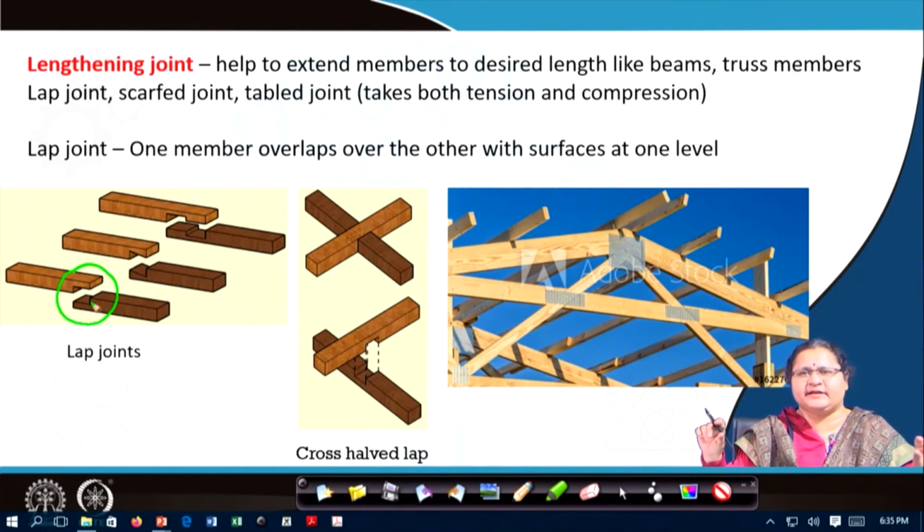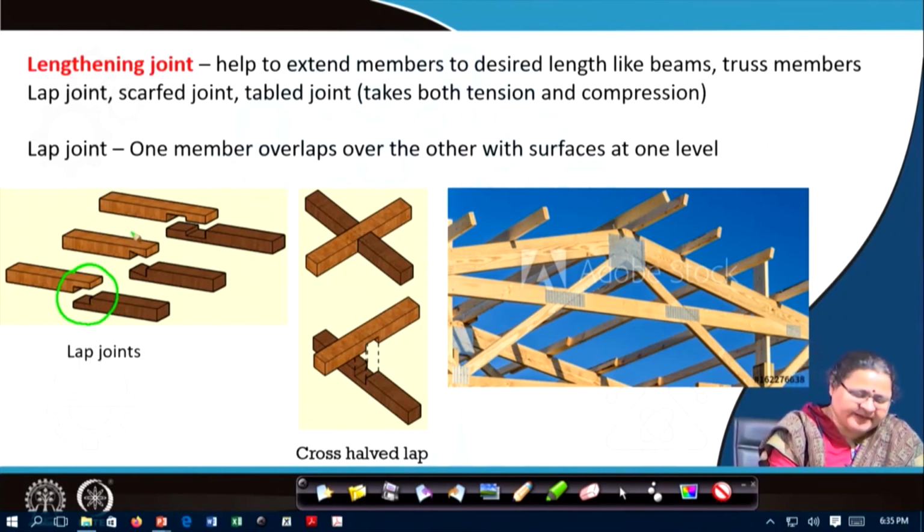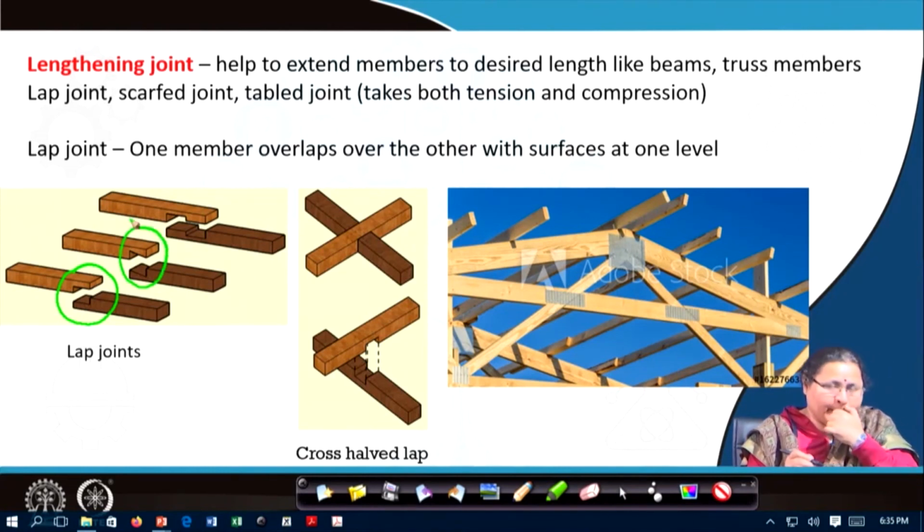Now who is holding it? Either you have to put a nut or bolt, or you have to strap it by a metal plate. Otherwise they can separate out. See the little more complex picture where a beveled cut has been given.